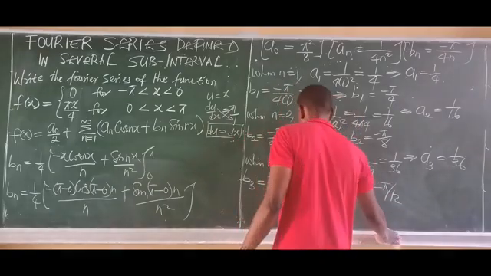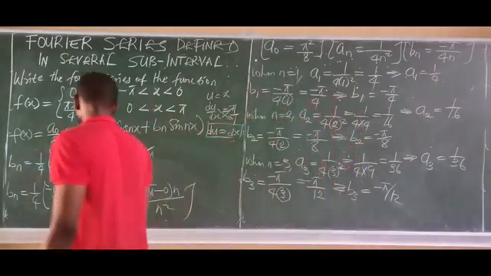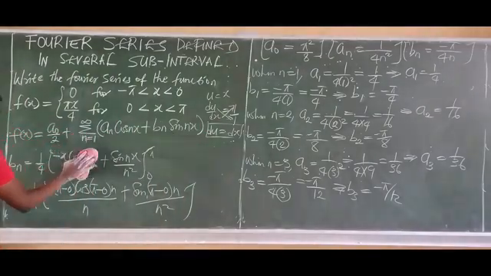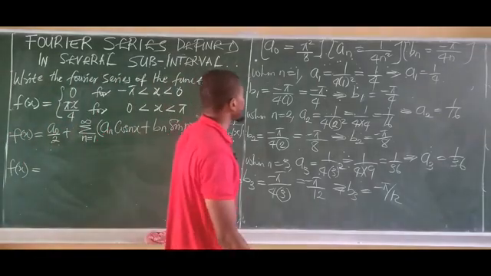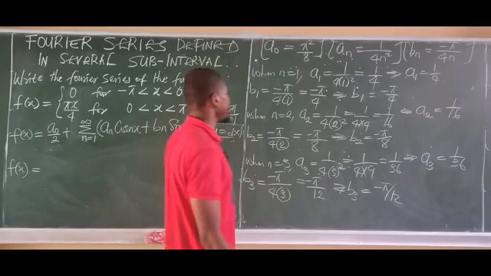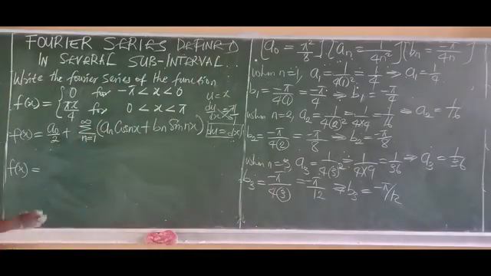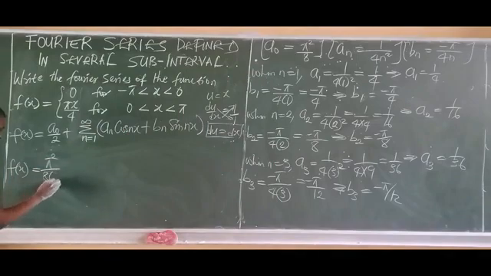Let's write our series over here. So the Fourier series of this function f of x is now equal to, remember, a naught all over 2 from the formula, and a naught gave us pi squared over 8. So this becomes pi squared over 8 divided by 2, so simply multiplying 2 under here.